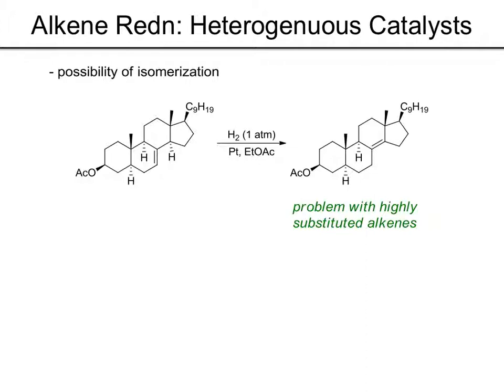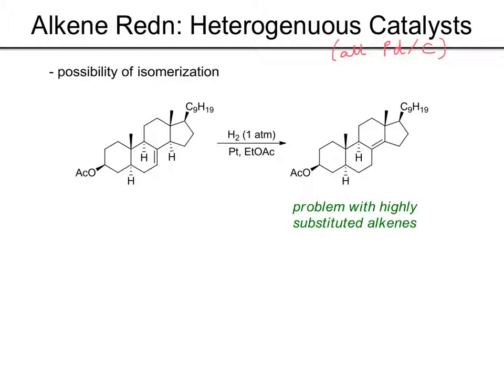Now let's look at heterogeneous catalysts in alkene reduction. When we think about heterogeneous catalysts, we're thinking about catalysts that are not soluble in the solvent. So all our palladium on carbon catalysts are not soluble, and they are heterogeneous catalysts. In this example, we're looking at one of the problems during alkene reduction, and that is the possibility of isomerization.